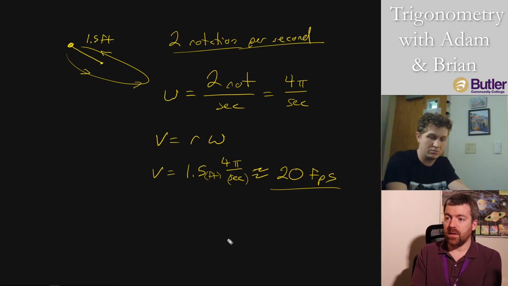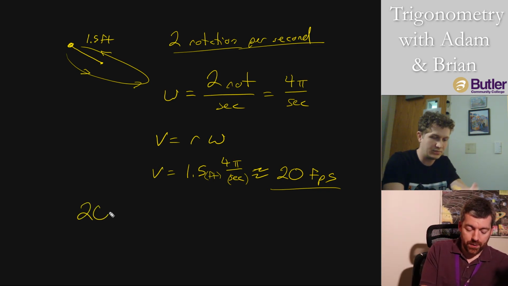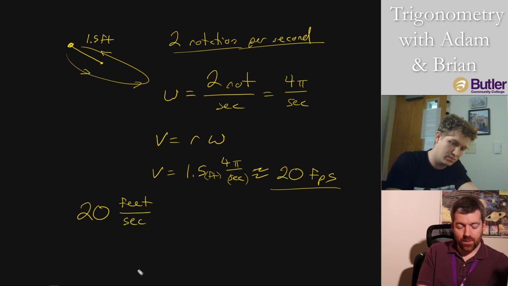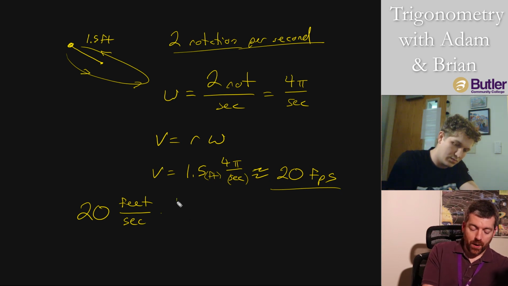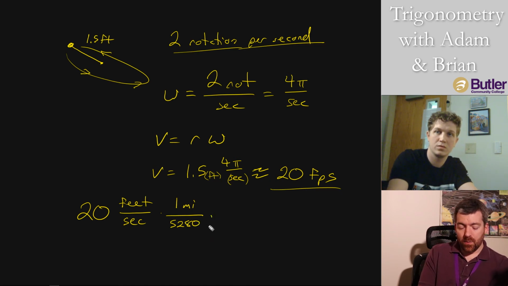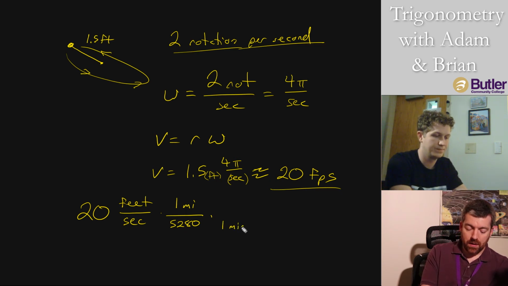And so it's just a matter of changing the units to miles per hour. Sure, we could do that too. So 20 feet per second, and then we need to convert that to miles per hour. 1 mile is 5,280 feet, so that would be miles per second. Then we need to convert the seconds to minutes. We know there's 60 seconds in a minute.